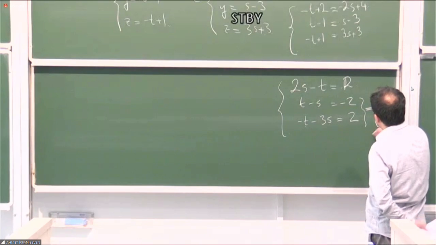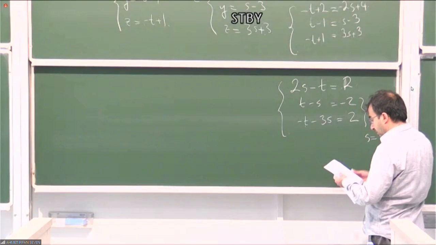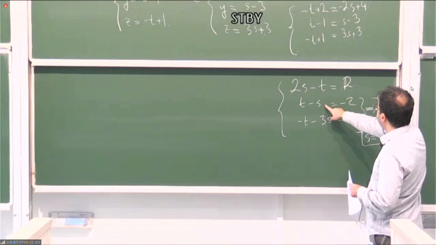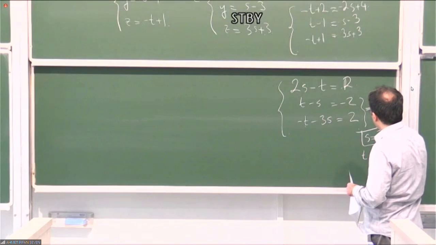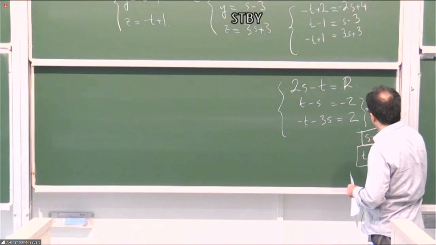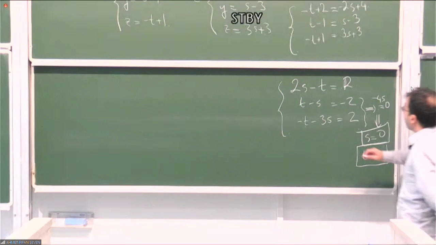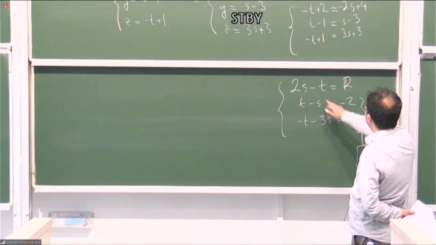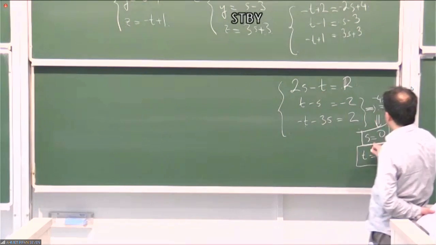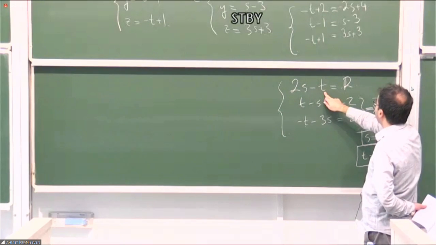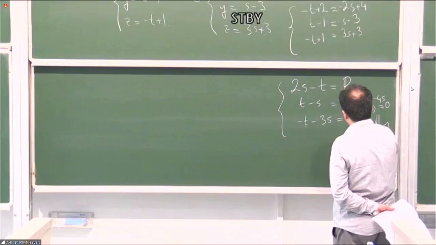So from here we get s is equal to 0. If s is equal to 0, then t is equal to minus 2. Let's also check if this satisfies the first equation. Yes, when s is equal to 0 and t is equal to minus 2, this is satisfied.